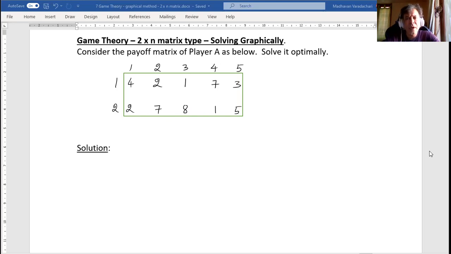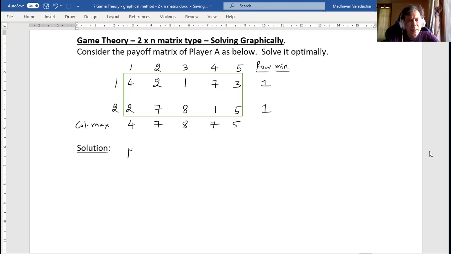As usual, to start with, we have to find the row minimum for each row. First row, the minimum is 1. Second row also, the minimum is 1. Then comes column maximum. First column, it is 4. Second column, 7, 8, 7, and 5.